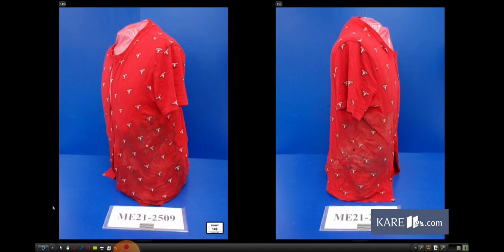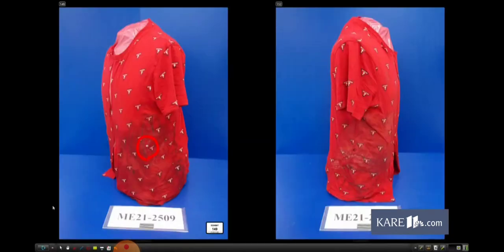And when you say defects, could you circle them or indicate them, please, on the screen? Yes, so on the left-hand image, I'm going to circle an area on the front left side of the shirt. I put a piece of white gauze behind the hole, the defect, to illustrate where that is.